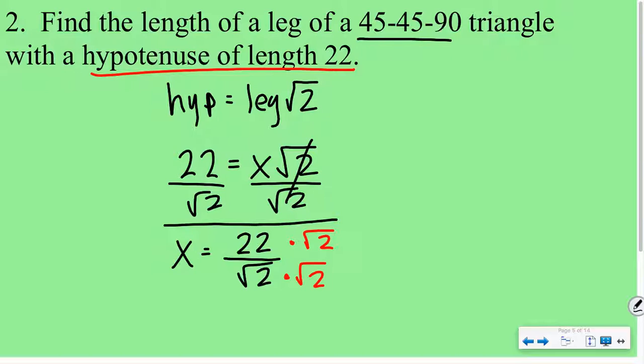In the numerator, can we write that as the square root of 44? No. Can I write that as just 44? Can I write that as 22 square root 2? Yeah, that's how I have to write it. Because one's outside and one's inside. Denominator, can I write that as the square root of 4? I could, but I can keep going because the square root of 4 is what? 2.